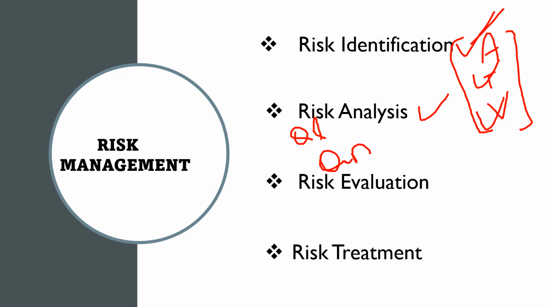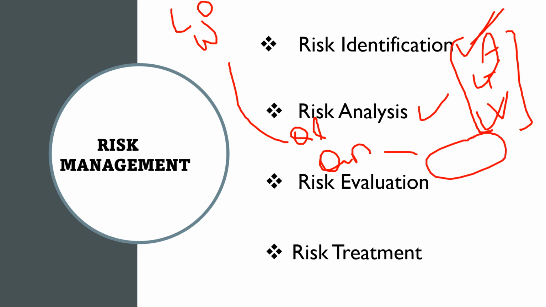Qualitative means we can just list all the vulnerabilities in low, medium, and high categories. And in quantitative, risk can be arranged in a value of losses. Generally in information technology, we prefer qualitative risk, which is low, medium, high, and minor. Risk evaluation, what is this?